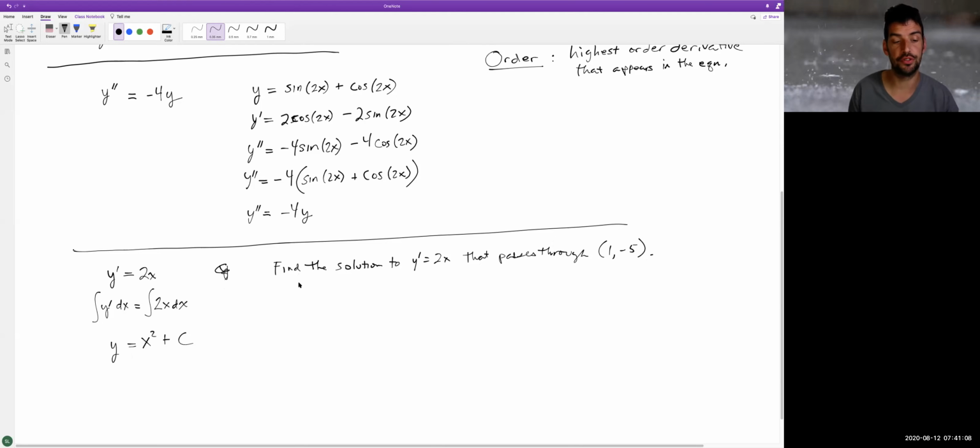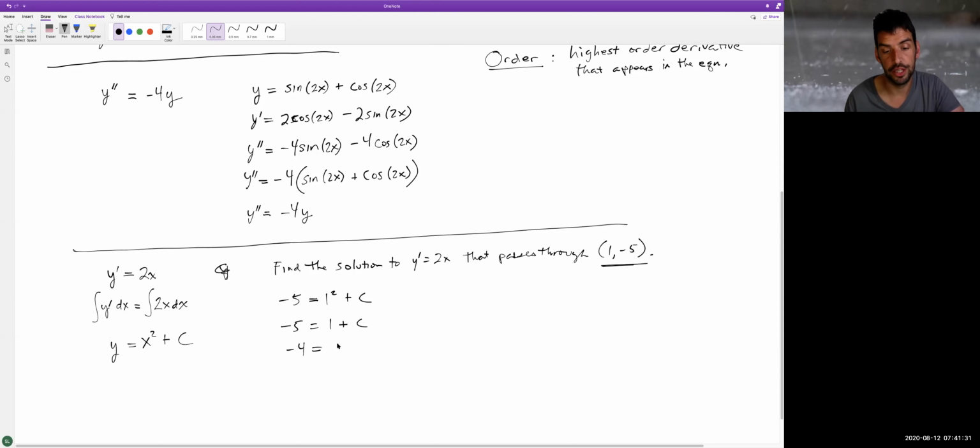All we need to do is find the one that hits this point, so that this point is a coordinate pair, a solution to this equation. So if I put in -5 equals 1 squared plus c, I get -5 equals 1 plus c, or -4 equals c.